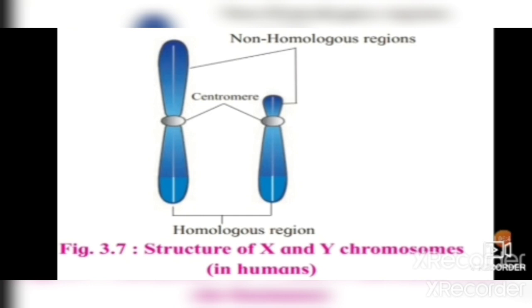At the basal side, there are two homologous regions of X and Y, shown in blue, and in the middle the centromere is present in both X and Y chromosomes. The X chromosome is longer, the Y chromosome is shorter, and at the apex there is a short non-homologous part in the Y chromosome and an extended, longer non-homologous region in the X chromosome.